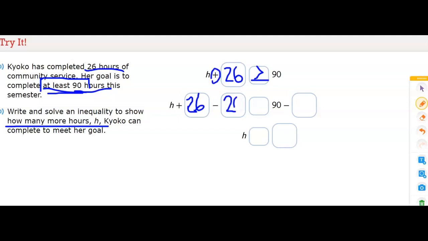We subtract the 26 on both sides of our inequality, and this will cancel and we're left with h, and then 90 minus 26 is going to be 64, and we keep our greater than or equal to symbol. So h can be any number of hours that is greater than or equal to 64. She needs at least those 64 or more hours to meet her goal of at least 90 hours.